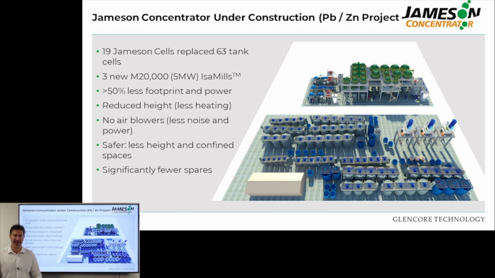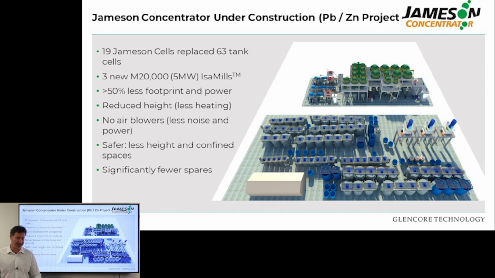Now this is another project where the client went for a Jameson concentrator. This is a major lead and zinc project, and as you can see, it's in the construction phase. 19 Jameson cells replaced 63 tank cells. You can see the 3D models on the right side and the massive savings in footprint, about 50%, and also in power.